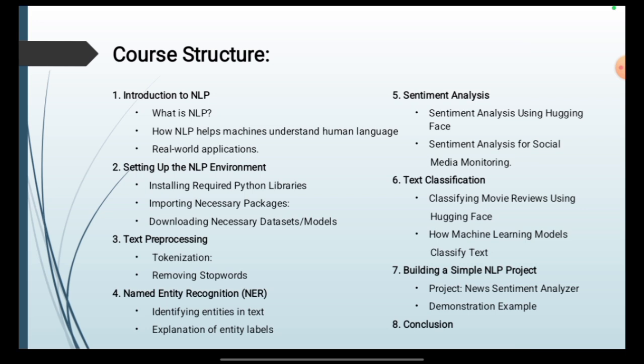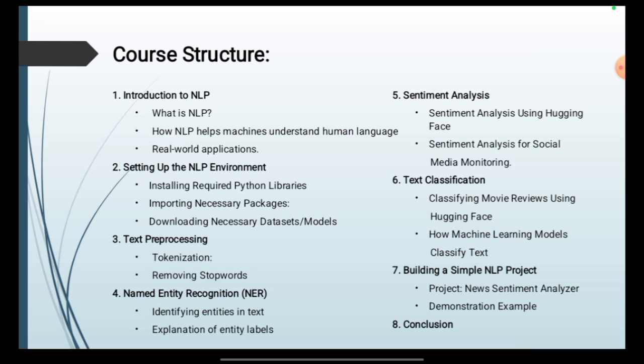In the third part, learn about text pre-processing, under which you will study tokenization and removing stop words. In the fourth part, gain knowledge on named entity recognition (NER), under which you will learn identifying entities in text and explanation of entity labels.